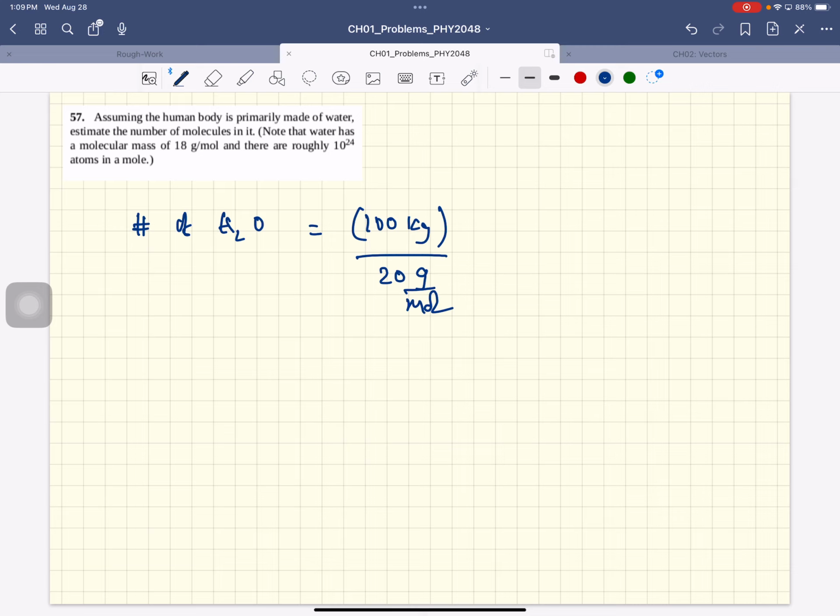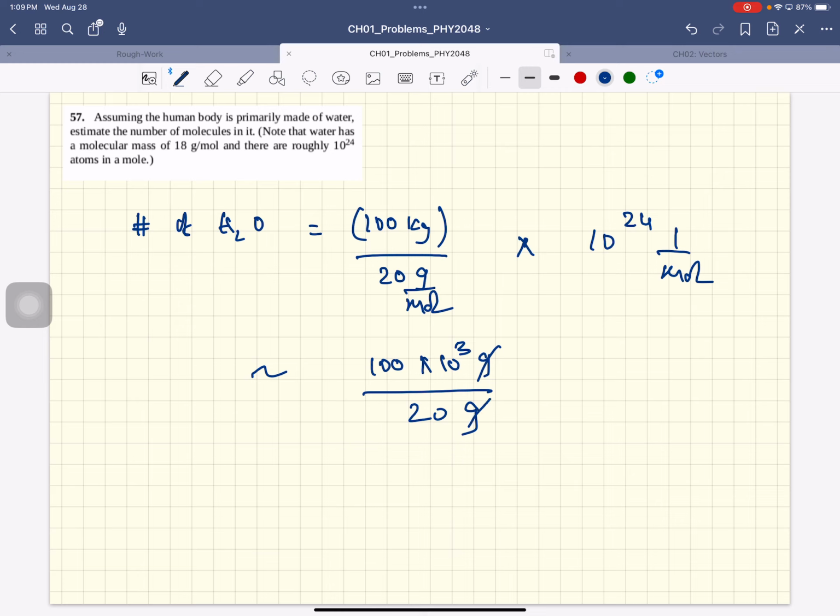And so the mass will cancel. You'll get moles on top. Then you have to multiply by 10 to the 24 per mole. So now you have a number, and this is something you can do in your head. This is 100 kg, which is 10 to the 3 grams, over 20 grams.